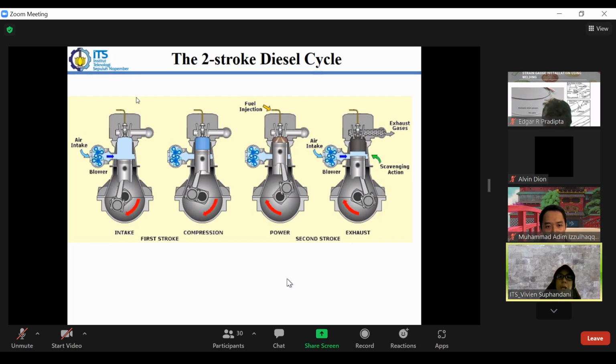So it's going up. First intake from the bottom center, and then it starts moving up. So we have a compression, and afterwards we have fuel injection. So we have a burning process, and afterwards we will have a power stroke. And afterwards the exhaust gas goes out, here.